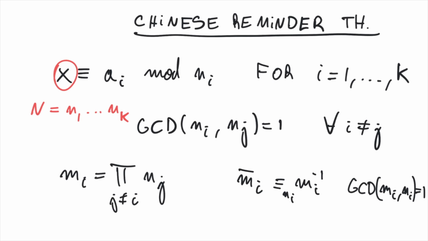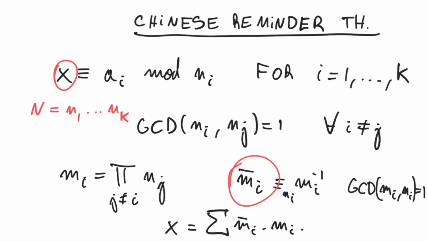And having these numbers, our equation is solved by x equal to the sum of m bar i times mi times the ai's over all the i's. You can see why. Here we have m bar times m, which are just inverses, so it's 1 mod ni, and it's 0 mod nj, because the mi's have all the nj's different than i. And then the ith equation is trivially satisfied.